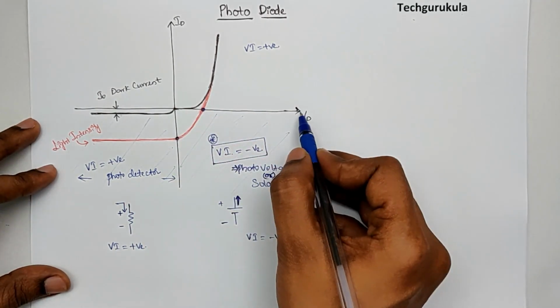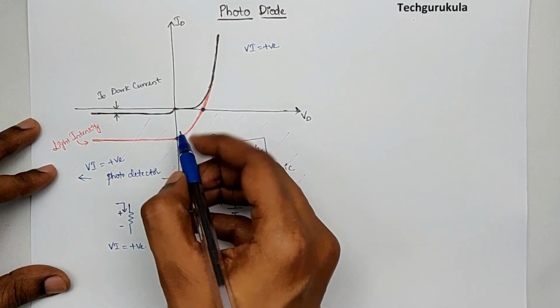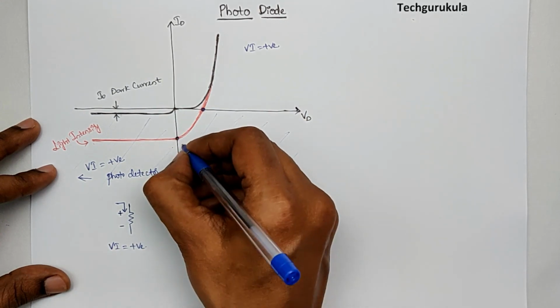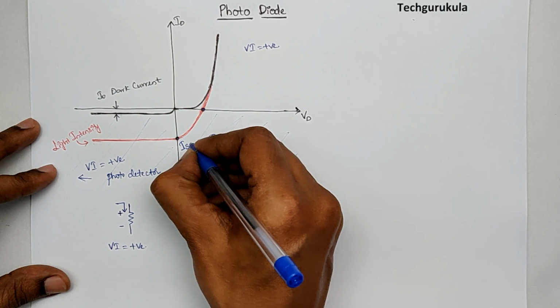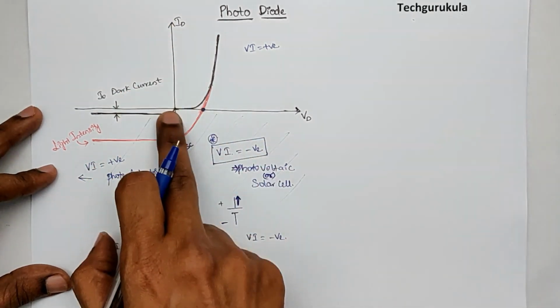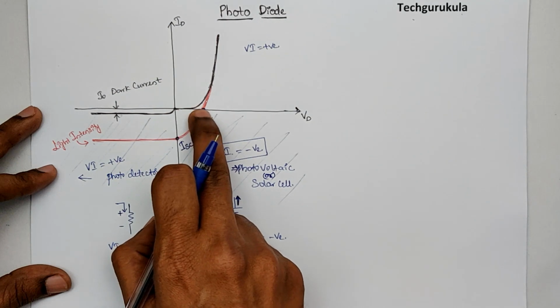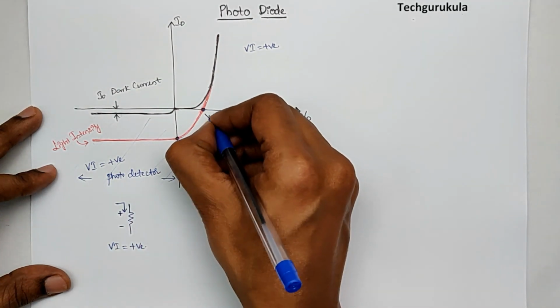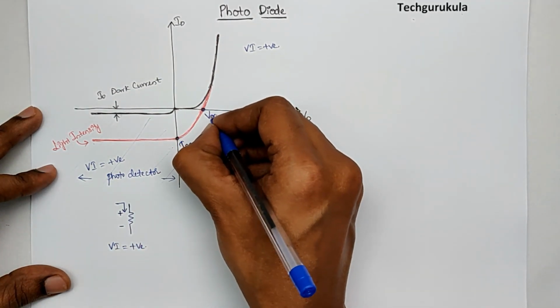This point is, when the potential applied across the diode is 0, we have some current. We call this current ISC, which is short circuit current. And when the current is 0, we have a potential, which we will call open circuit voltage.